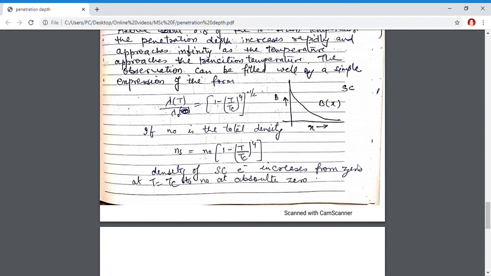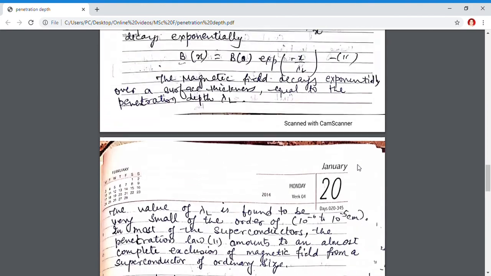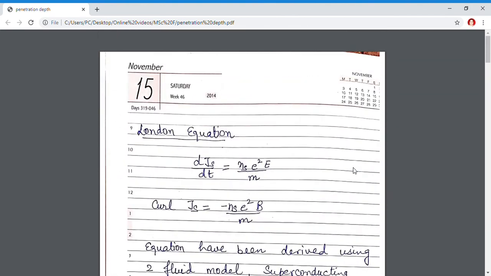The Meissner effect is followed for a superconductor only. That means the Meissner effect states that for a superconductor B must be equal to 0. These are two basic London equations which were derived to determine the density of superconducting electrons when they are placed in a magnetic field.